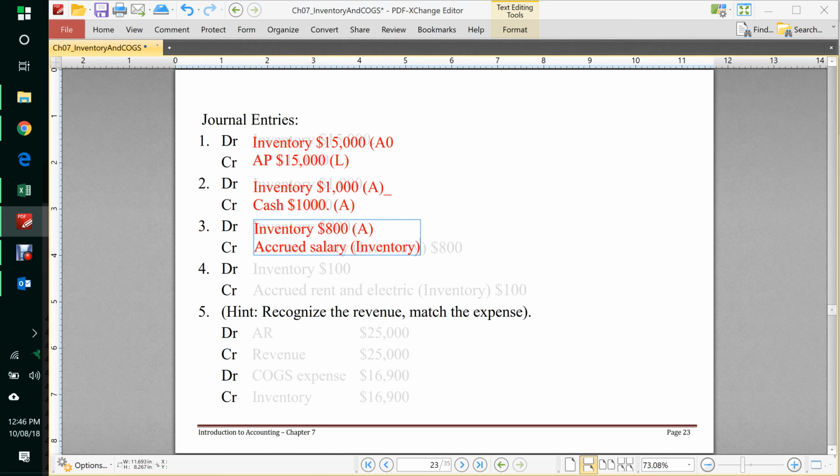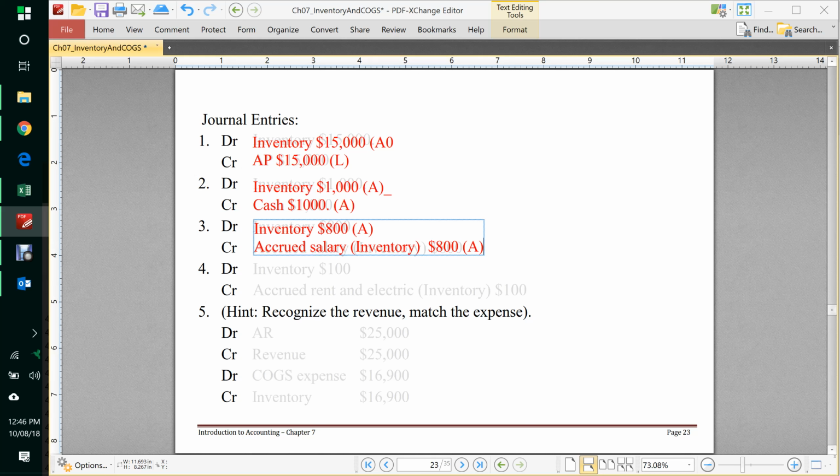If you don't do this, it's not points off or bad or anything like that, but it's good to do because, let me fix that. Okay, because if you're working in a real corporation here, the CFO is going to say to you, well, of our accrued salary, how much is for inventory and how much is for other things?